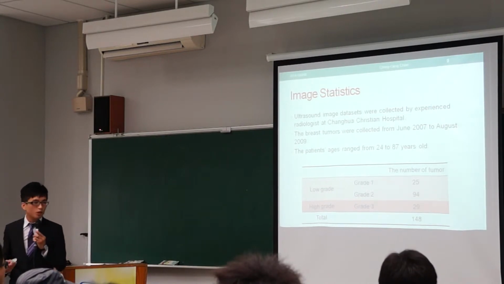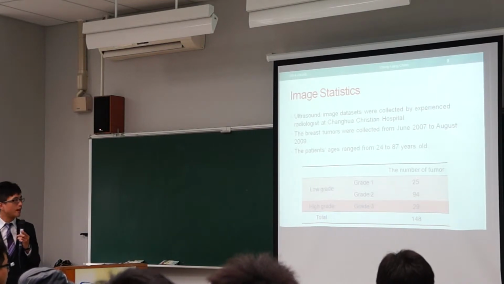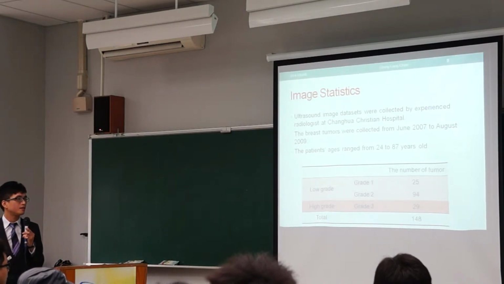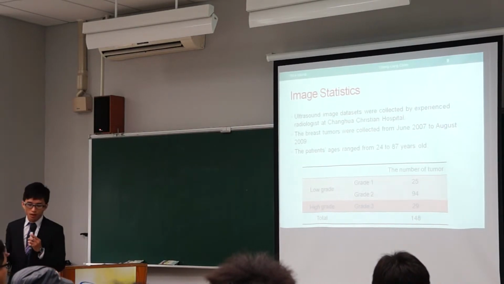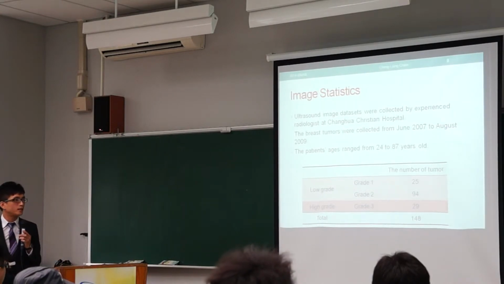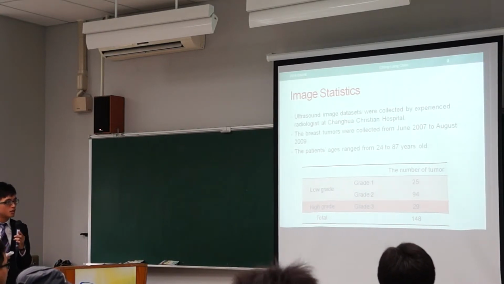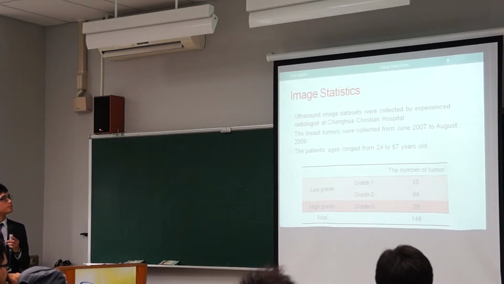So the number of low grade is 119, and the number of high grade is 29. So in this study, we want to build a classifier. It can distinguish the tumors between low grade and high grade.